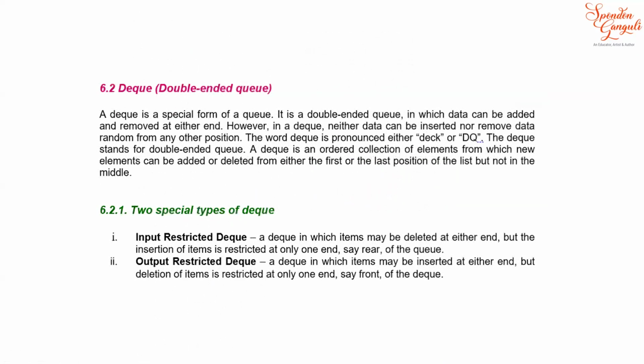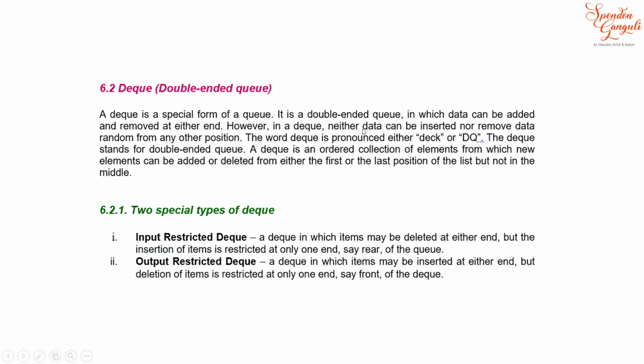Now we'll move on to the Deque portion. Deque, or double-ended queue, is a special queue where we can add elements at the rear as well as at the front. Similarly, we can delete elements from the rear as well as from the front. So it is a double-ended queue in which data can be added or removed at either end.